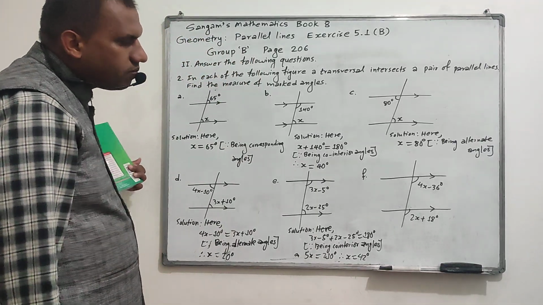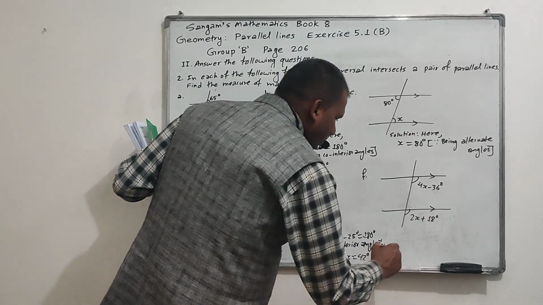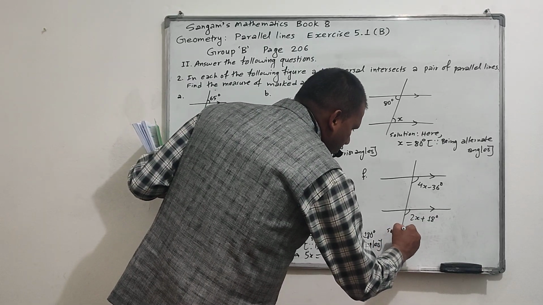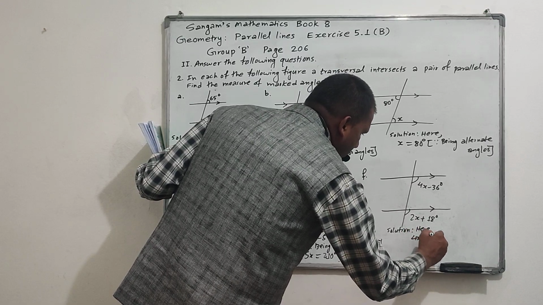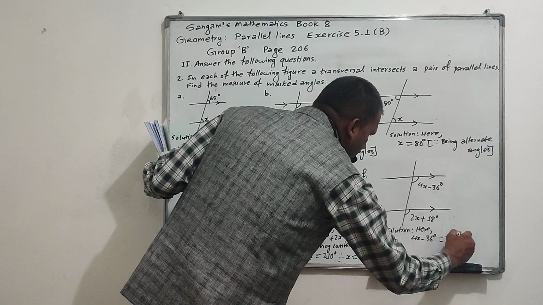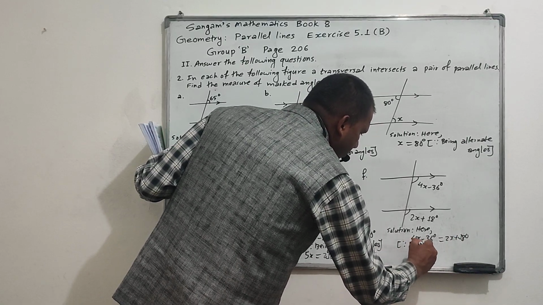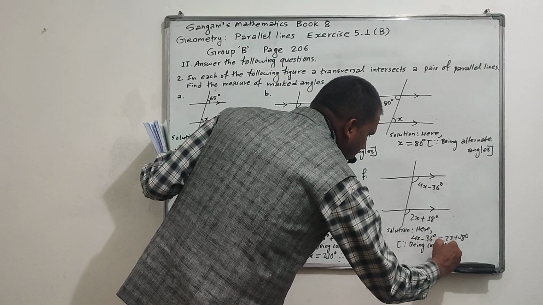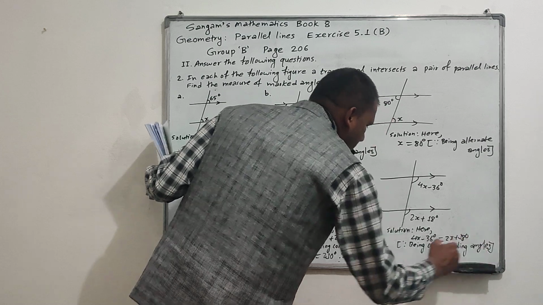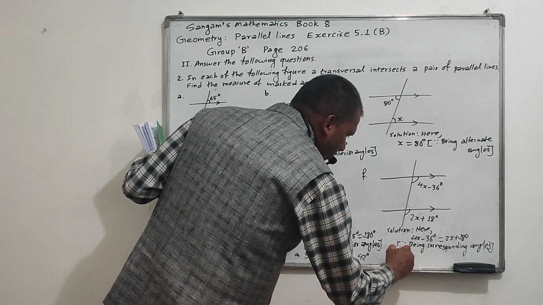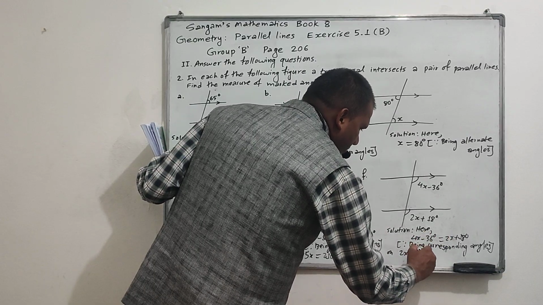Now on F, x minus 36 and 2x plus 18, they are corresponding angles, so equal. So solution here, x minus 36 degree equals 2x plus 18 degree, being corresponding angles, or x minus 2x equal to 18 plus 36, that is 54 degree.